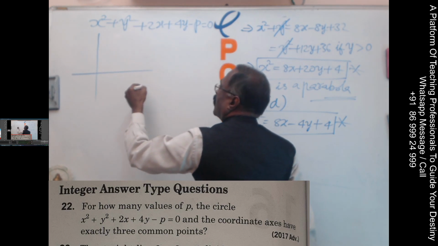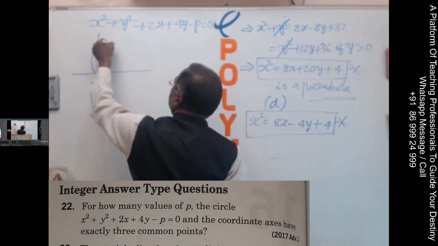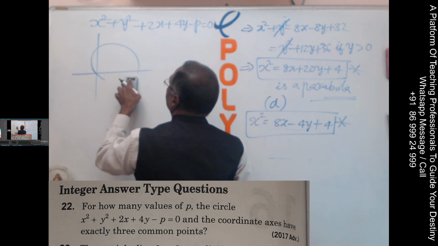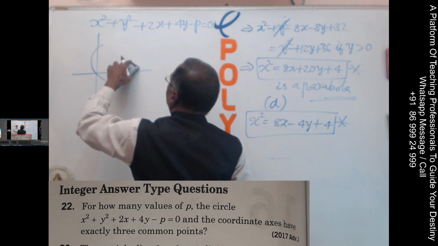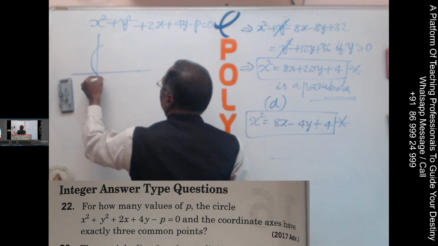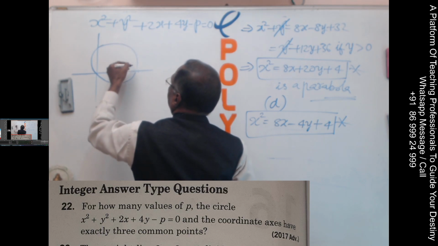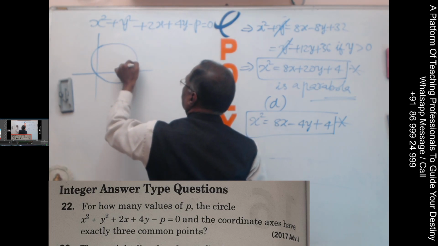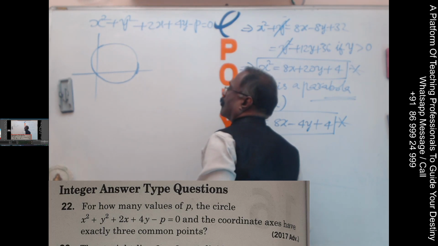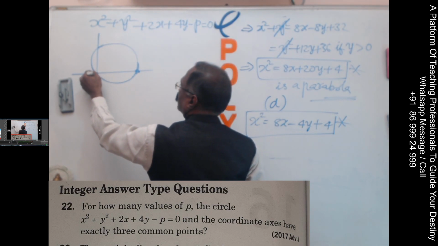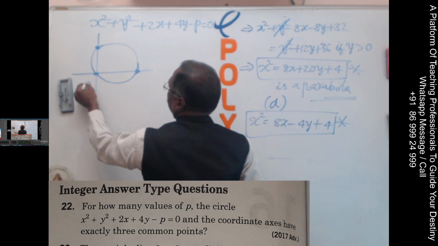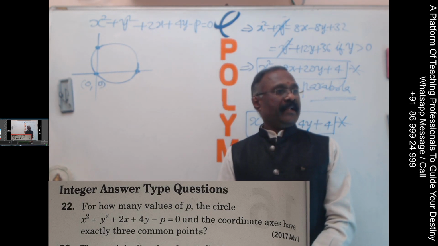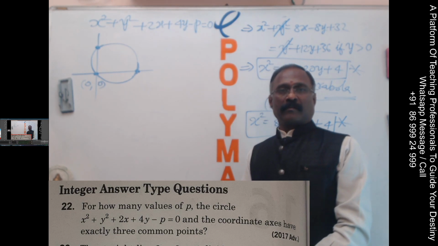If 3 common points must be there, it may be like this. One, two, three. That means it is possible whenever it passes through the origin.